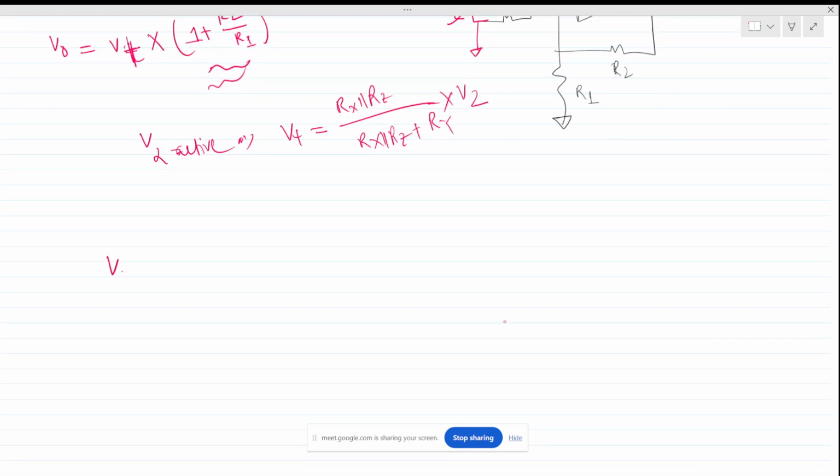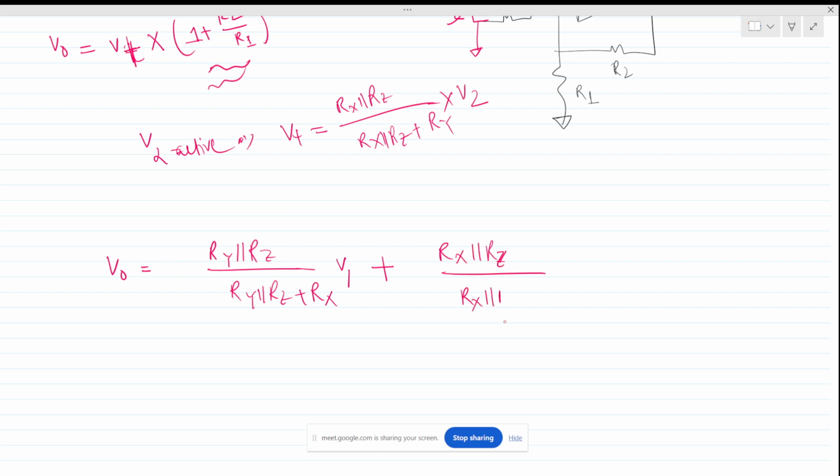So V out will be nothing but Ry parallel Rz divided by Ry parallel Rz plus Rx times V1, plus Rx parallel Rz divided by Rx parallel Rz plus Ry times V2, plus Rx parallel Ry divided by Rx parallel Ry plus Rz times V3, right?